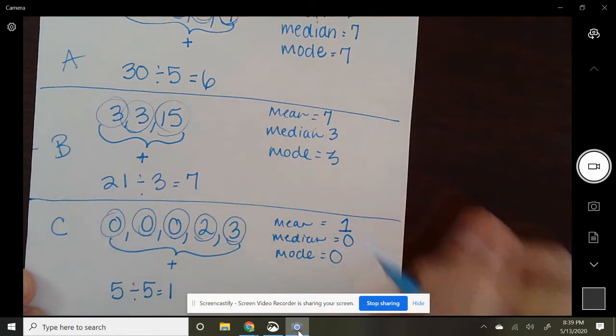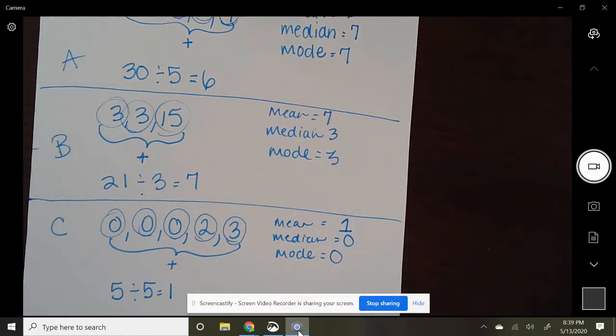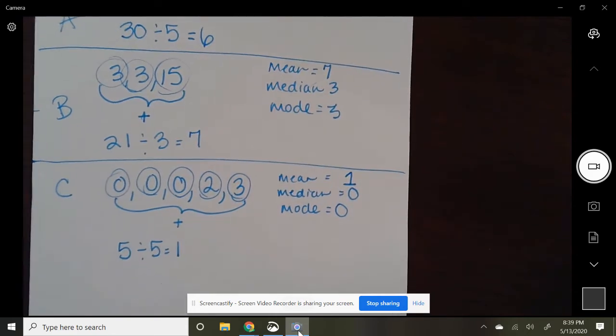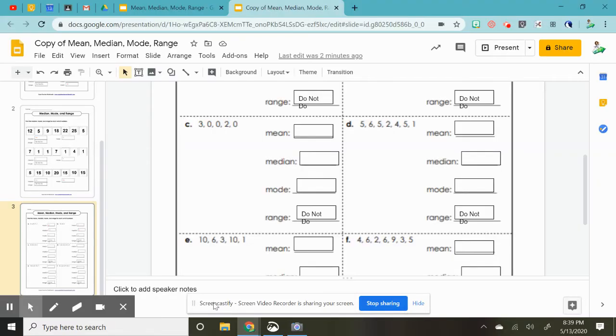So my mean is a 1. That one was actually easier than it looked. Go back and put in our answers. We have 1, 0, and another 0.